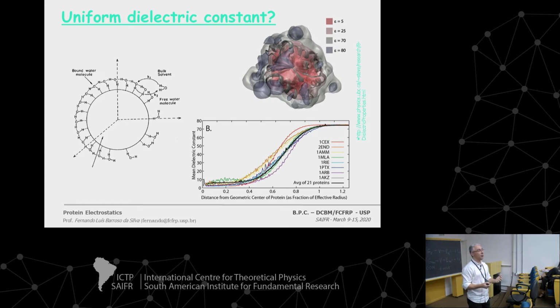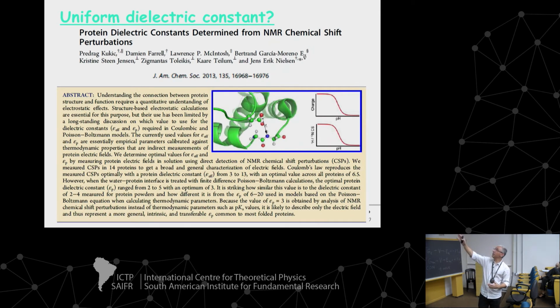So essentially, we can manipulate the numbers by changing the separation distance by a very small amount. That's why it becomes a little tricky to use this as a fitting parameter. This was one of the criticisms that I was making to other people. This is another paper that uses NMR to argue that you should have a dielectric constant that varies along the separation distance.